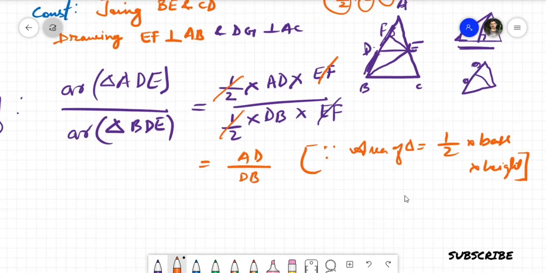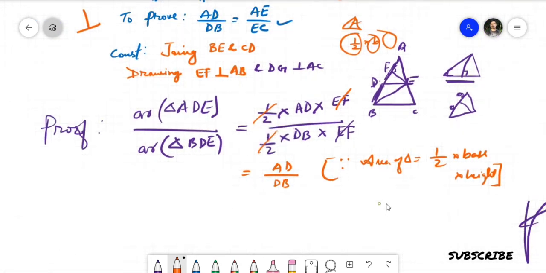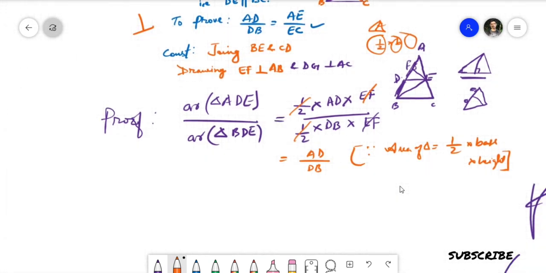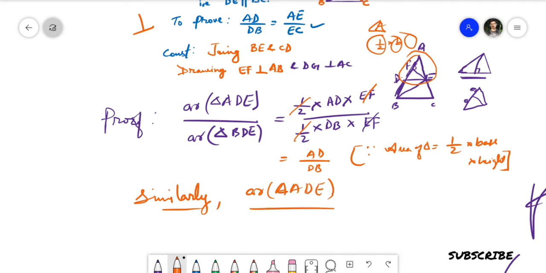So let's see the another one. Similarly, we can say area of ADE, upper side only, same this one, we're talking about this area of triangle ADE.